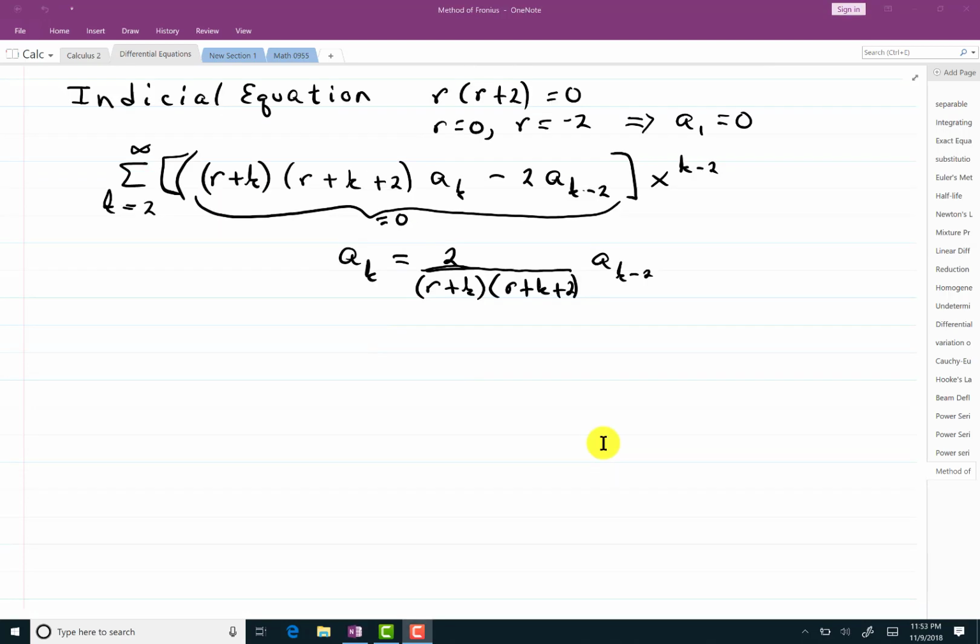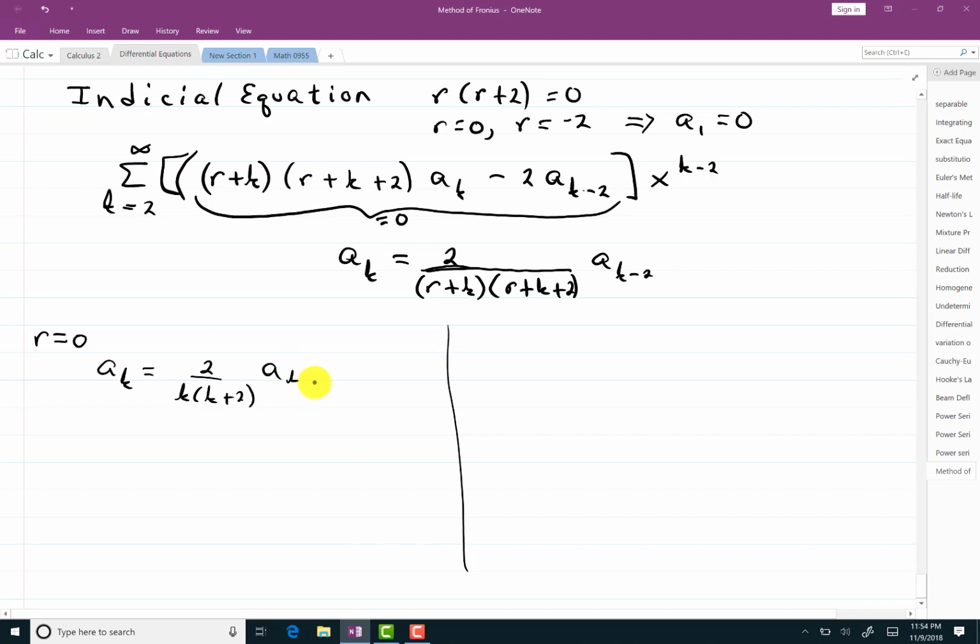What I'm going to try to do this time is streamline the process by doing my r equals 0 and r equals negative 2 at the same time. If I start with r equals 0, then a sub k will equal 2 over k times k plus 2, a sub k minus 2.